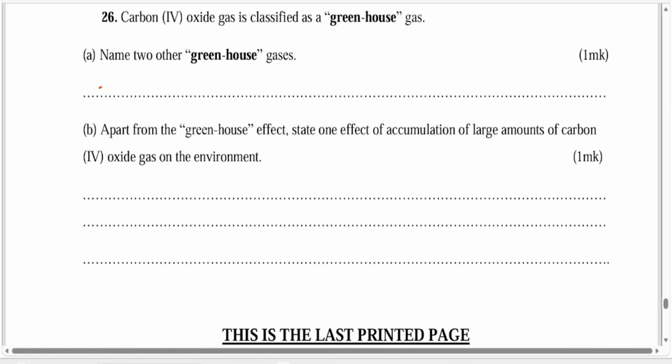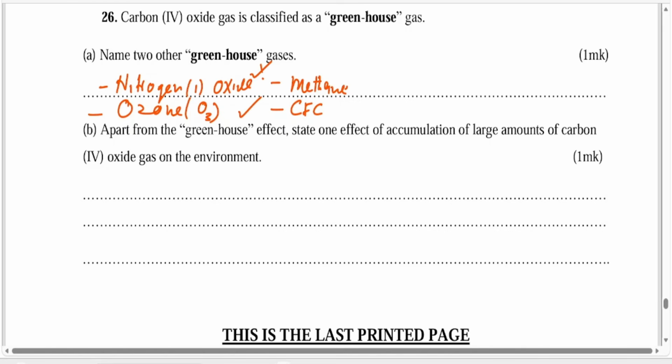We can have nitrogen 1 oxide, we can have ozone, we can also have methane, and we can also have chlorofluorocarbons. And any 2 shall give you 1 mark.